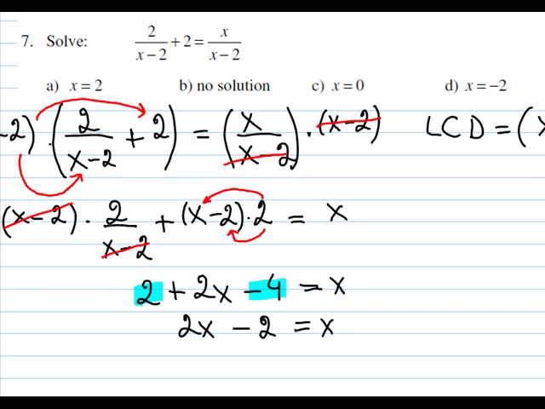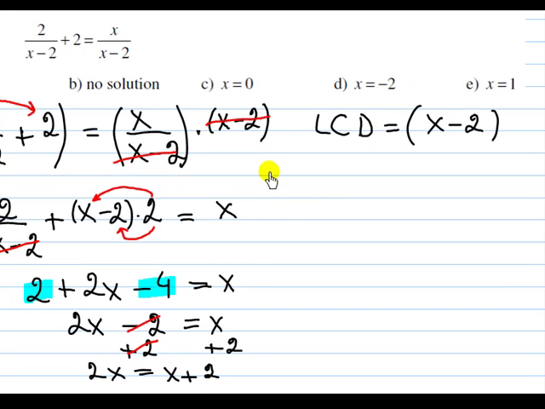So let's add 2 here, and then let me add 2 here. Since negative 2 plus 2 goes away, I will get 2x equals x plus 2.